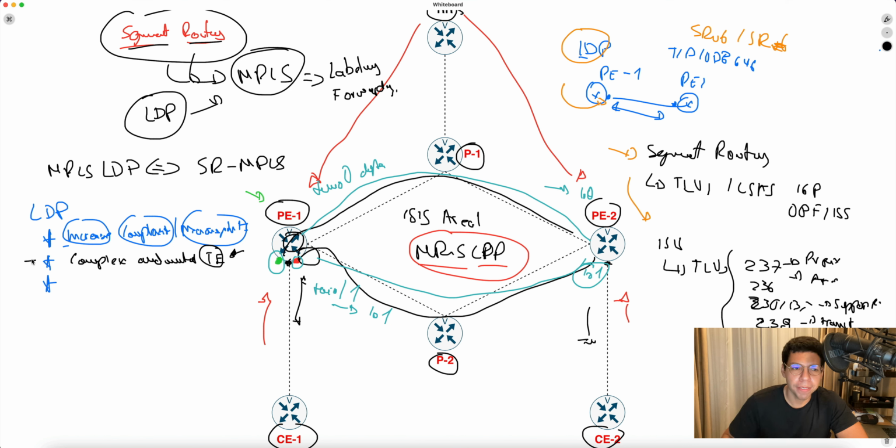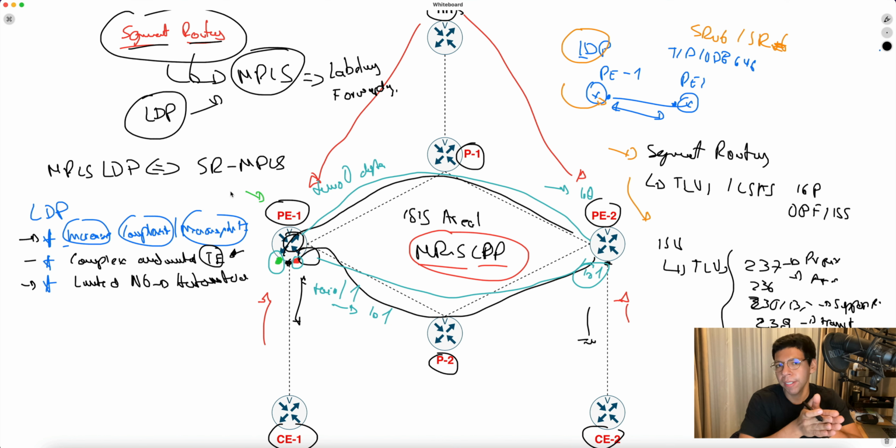So then we have that LDP increases the complexity and manageability. It's hard to do traffic engineering tunnels as well. And the other thing that I will say is that LDP is probably limited with the next generation concept that includes automation, right? Why? Because in segment routing, we can integrate this with many other automation tools like Crosswork, for example, NSO, and any other next generation automation solutions.